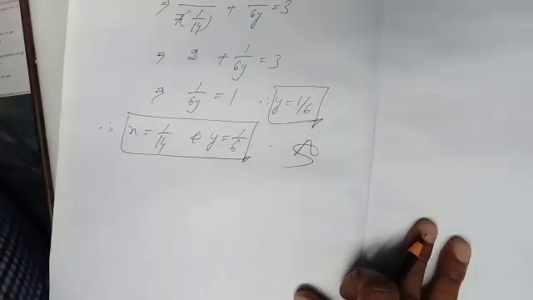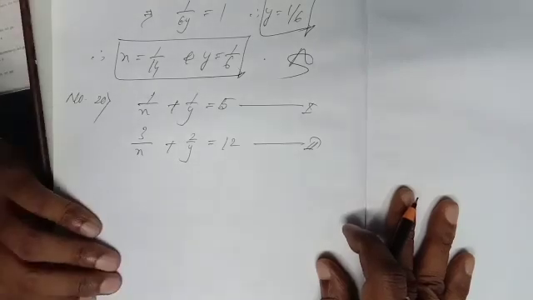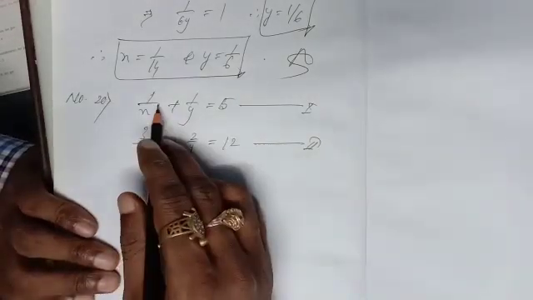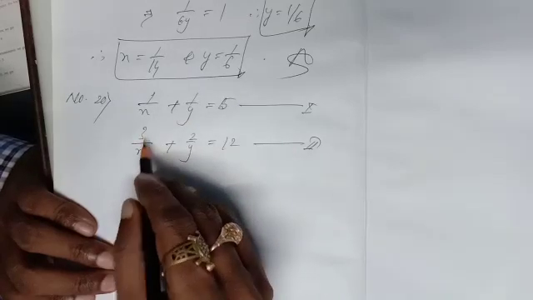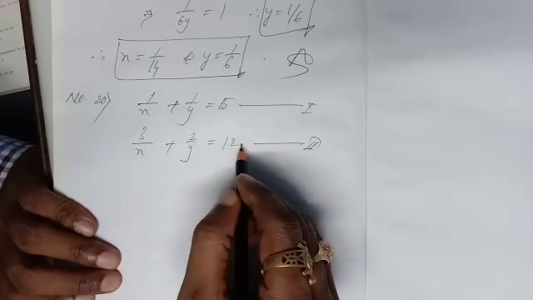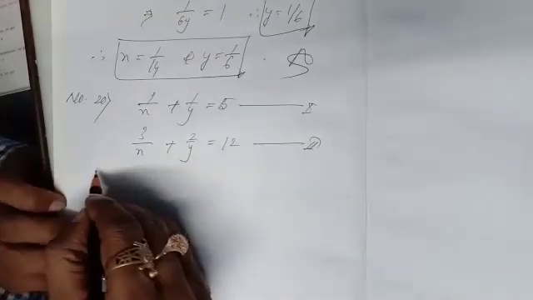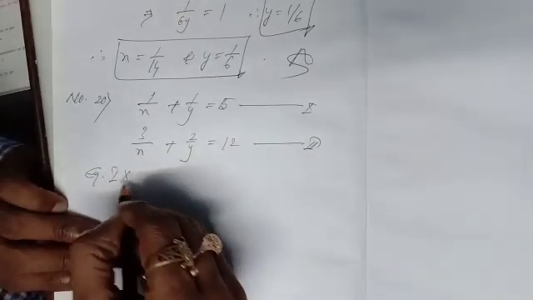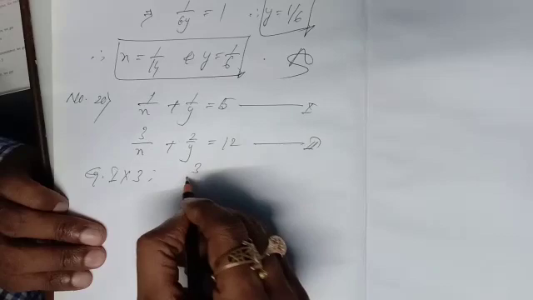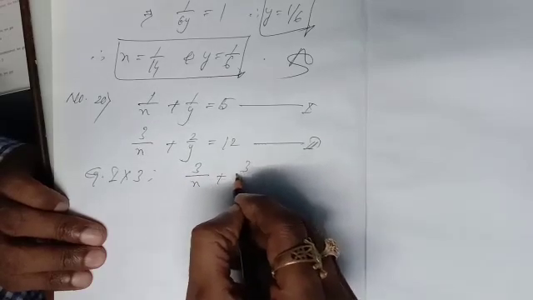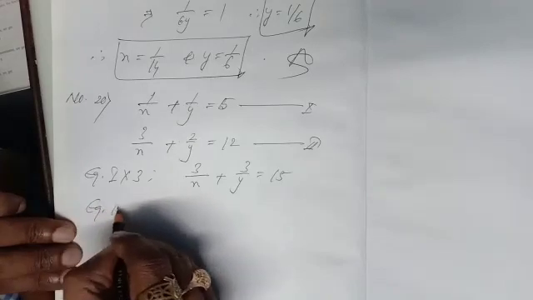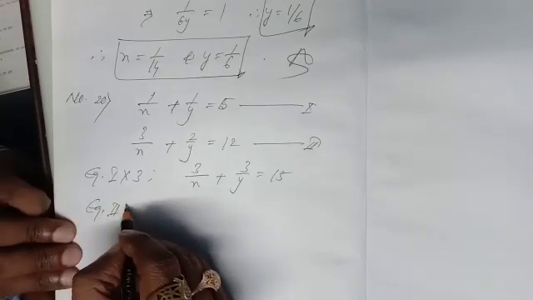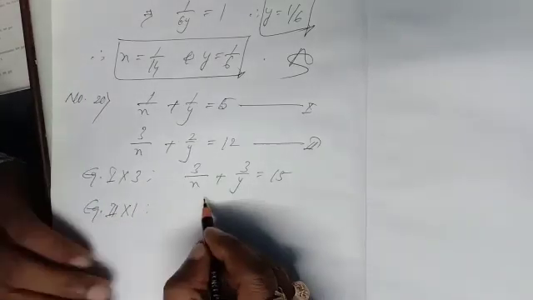Last, I am doing number 20. Just see question number 20. It is given 1 by x plus 1 by y equal to 5, and the second equation is 3 by x plus 2 by y equal to 12. Do one thing: multiply equation 1 by 3. This will be 3 by x plus 3 by y is equal to 15. Now equation 2 into 1 to make x equal.